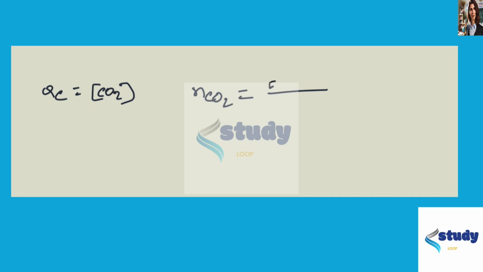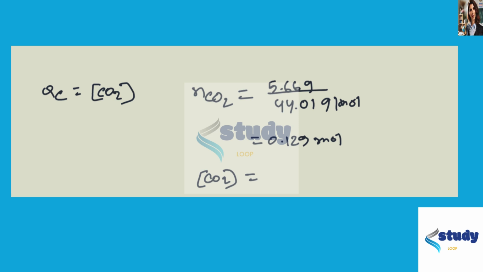The mass in this case of carbon dioxide is 5.66 gram over the molar mass 44.01 gram per mole, and this will give us a value of 0.129 mole. Then if we divide this by the volume, 10 liter, we get the concentration of CO2, which is 0.0129 molar. That means the value of Qc will be 0.0129.